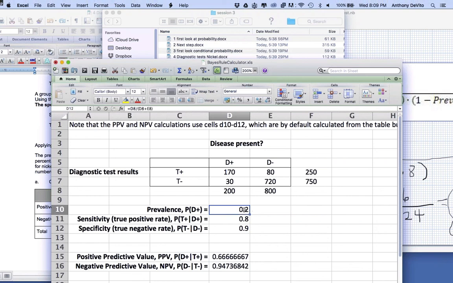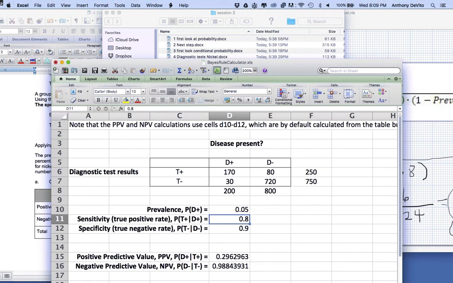I can just go ahead and change the numbers. I don't have to use the formula. If I change the prevalence from 20%, 0.2, to 5%, you can automatically see the change in the positive predictive value.